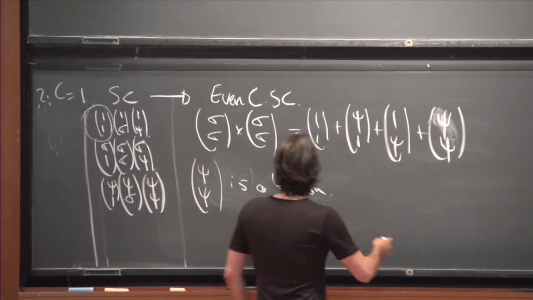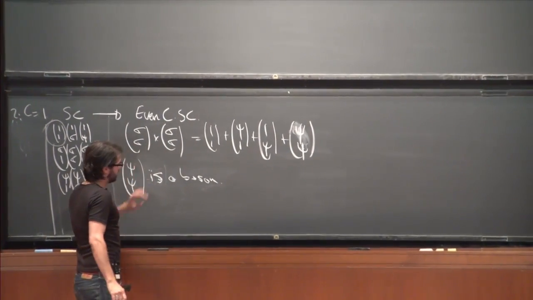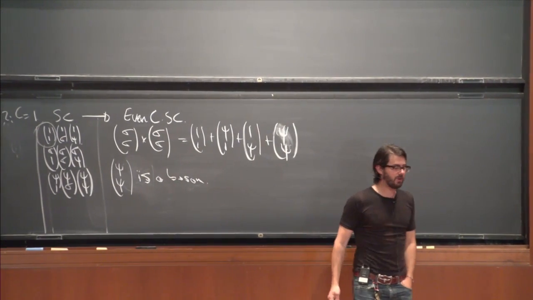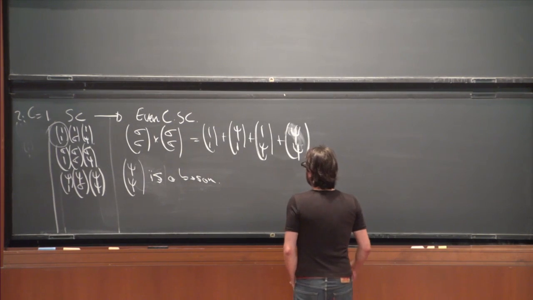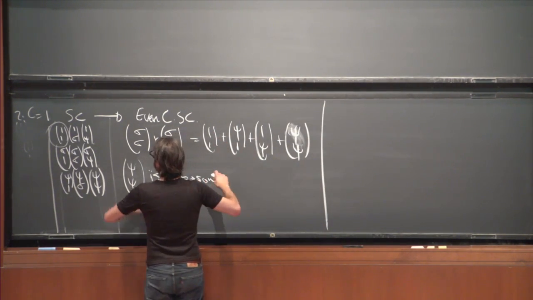Okay. So this is a boson, and what I'm going to say is that I'm going to condense it, by which I mean I'm going to make this boson be equivalent to the vacuum. Okay? So this is the old theory. This is 2 C equals 1.